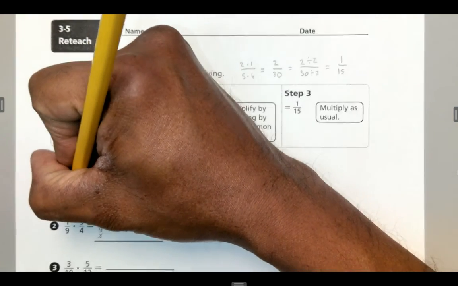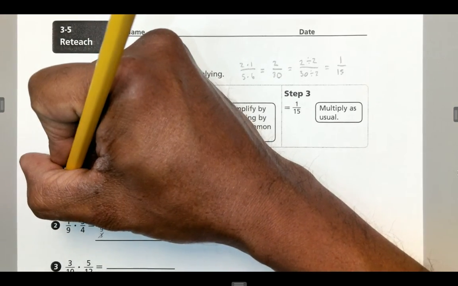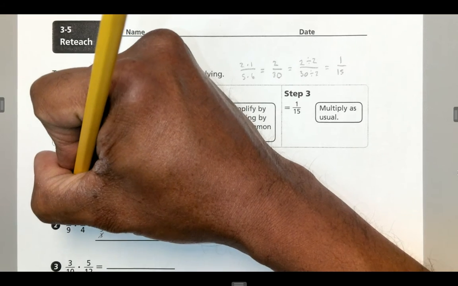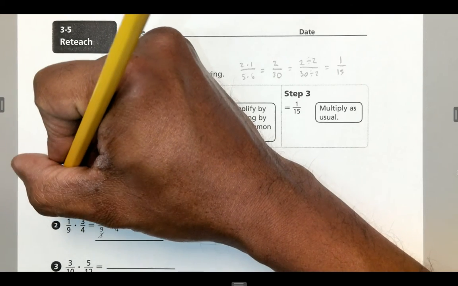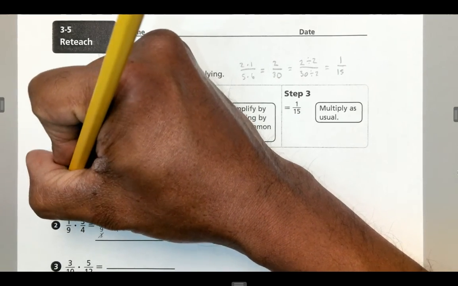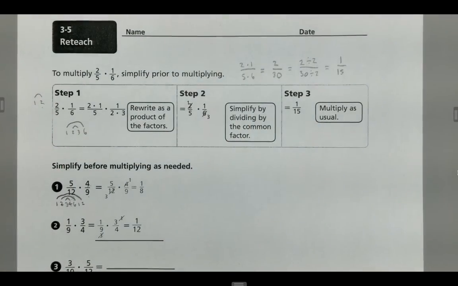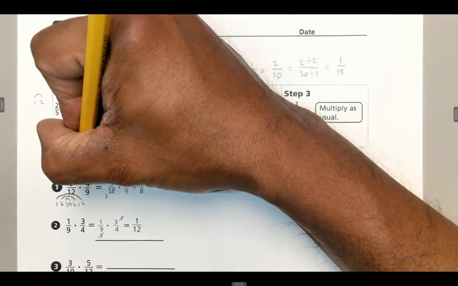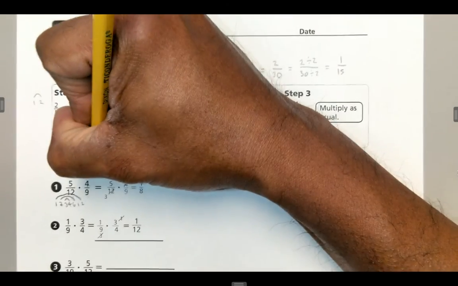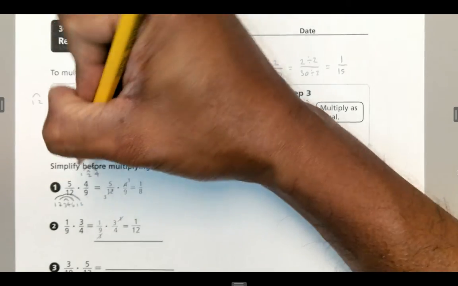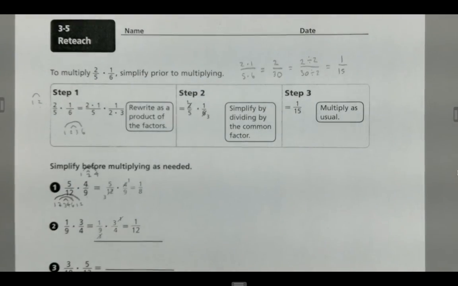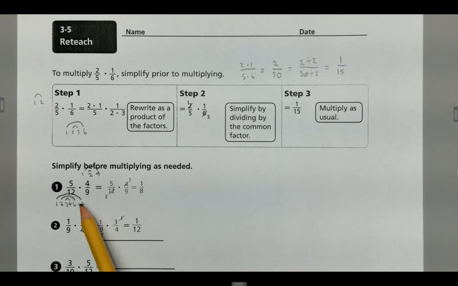For 12, 1 and 12, 2 and 6, 3 and 4. And for 4, 1 and 4, 2 and itself. The greatest common factor shared by these two numbers is 4.